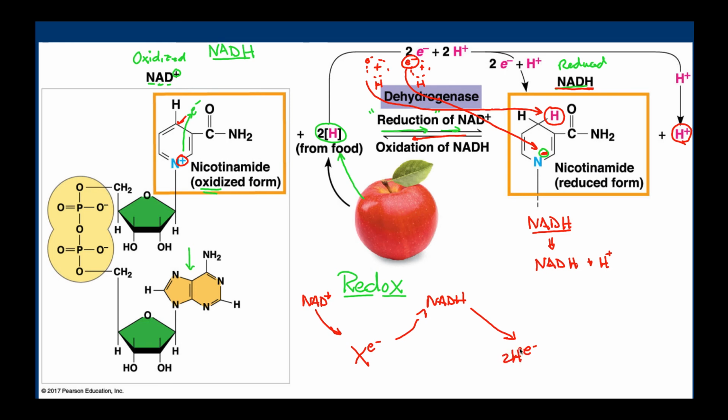Okay? So if there's two hydrogens, that means there's going to be two electrons. And then when it does that, it comes out as our oxidized form of NAD+. Okay, so it's simply acting as an electron carrier.